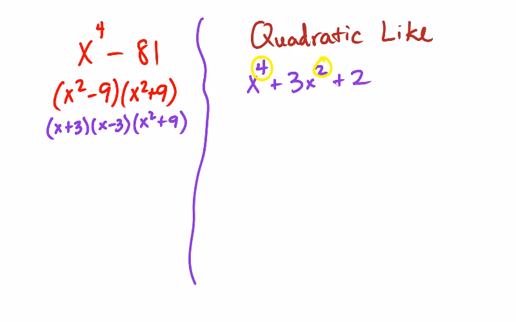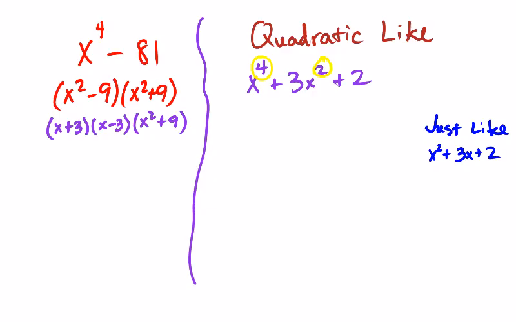And so it would be just like factoring, just like if I were to ask you to factor x squared plus 3x plus 2. By this point in your math career, you should be able to factor x squared plus 3x plus 2. The way we do it is we say what multiplies to 2 and adds to 3. And so the two numbers that multiply to 2 are 1 and 2.